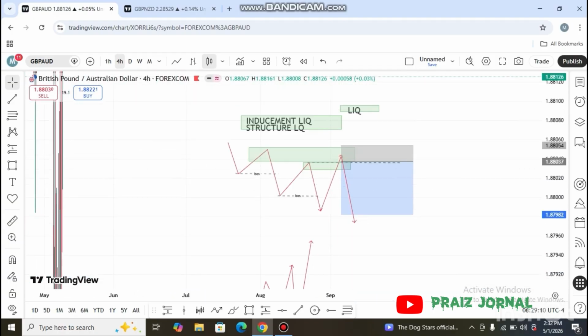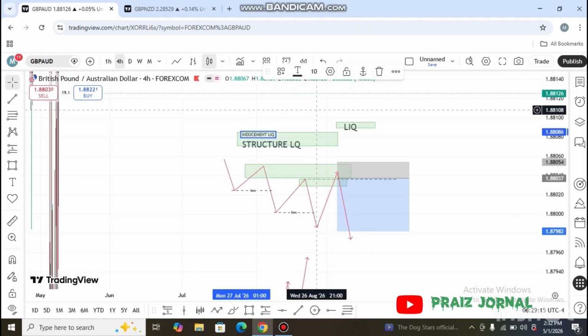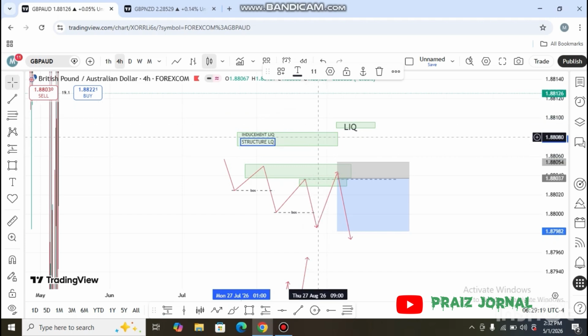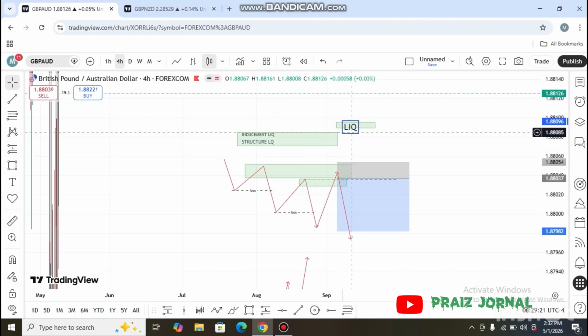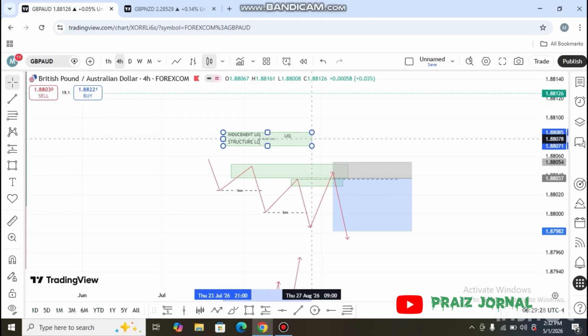Okay. So let's make this smaller so there will be enough space in the chart. Liquidity, make it smaller, then we delete this, then let's make this here.